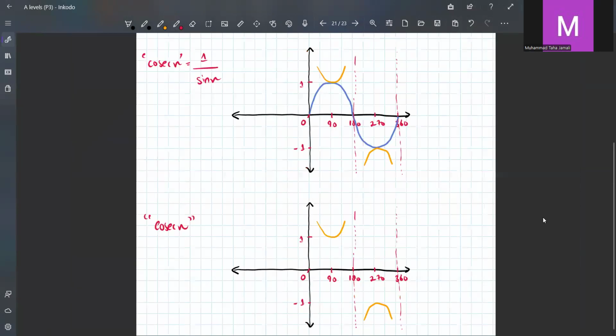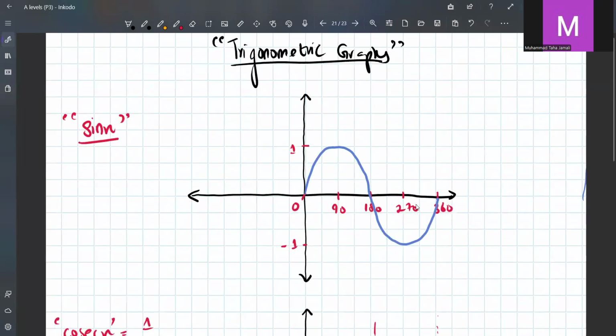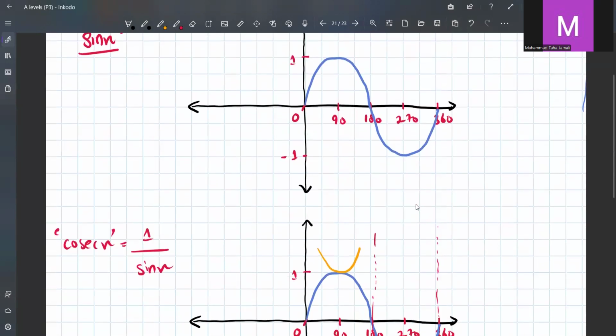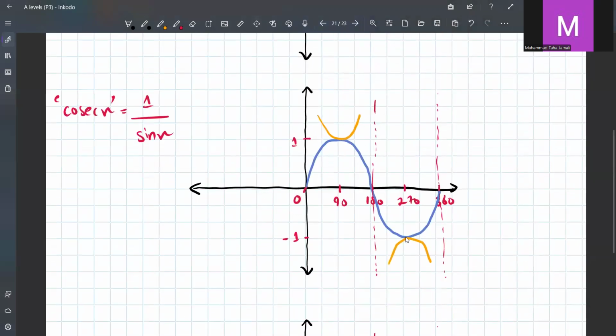So it's pretty simple, right? We know what a sin x graph looks like, and since cosec x is 1 upon sin x, it will contain these orange curves.